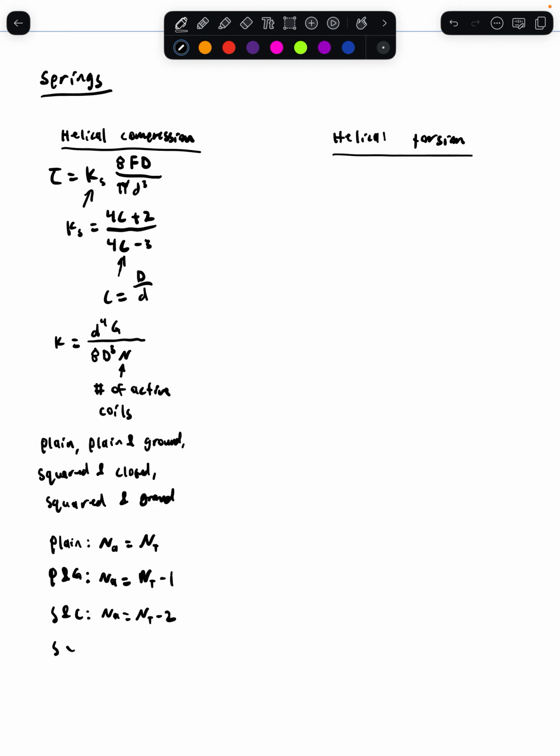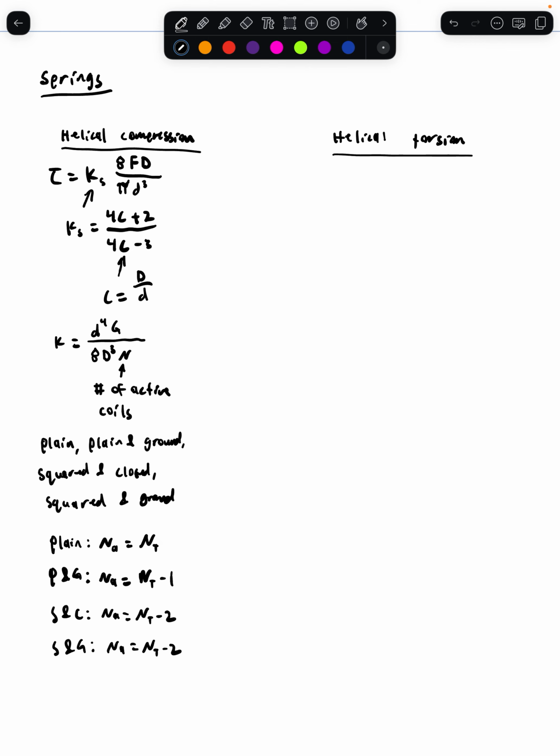And then the same thing for squared and ground, it's the total number of coils minus 2. But yeah, so these are all the important equations for helical compression springs.